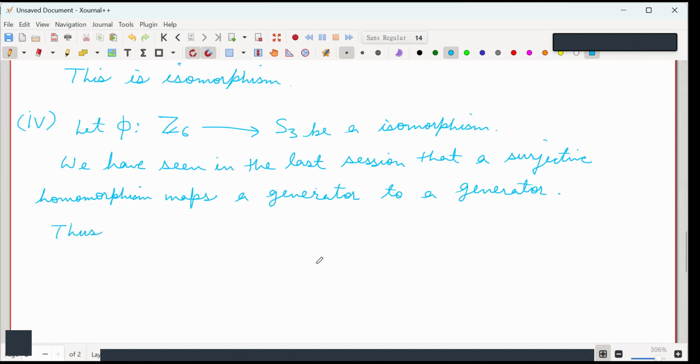Thus, if phi is an isomorphism, then phi of 1 bar, bar is for the element 1 in Z6, generates S3.